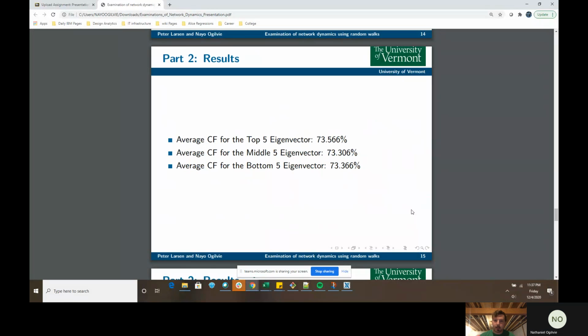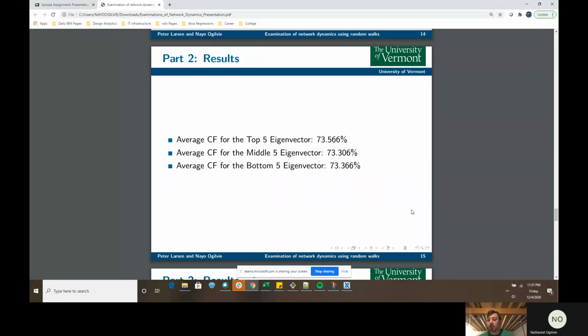Now, this is very interesting in that the highest percentage is actually the middle. That's just something to think about. Why would that be? We're not sure. That requires further investigation.